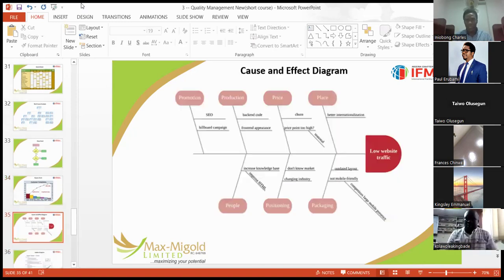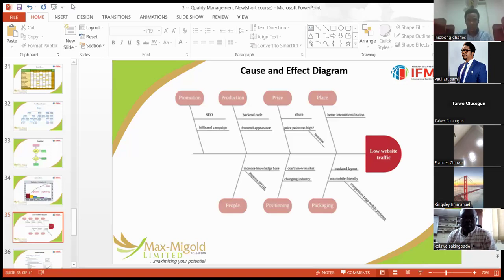Then we have the cause and effect diagram. The cause and effect diagram is saying that for any issue, there is more than one cause. So as an FM, you have an issue, you need to check what could be the cause of that issue. For example, this cause and effect diagram is saying low website traffic. The people in the office are complaining that the site is slow, no internet and all that. Now, for you to analyze that problem, you must look at a lot of causes that might result in this effect.